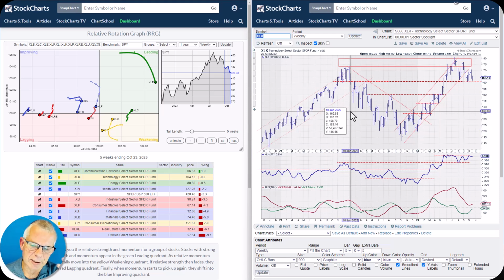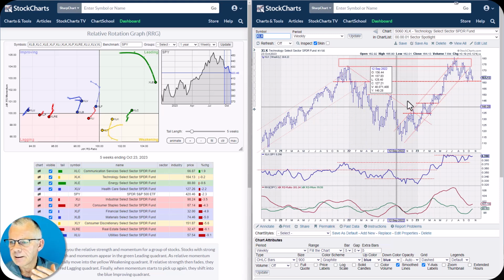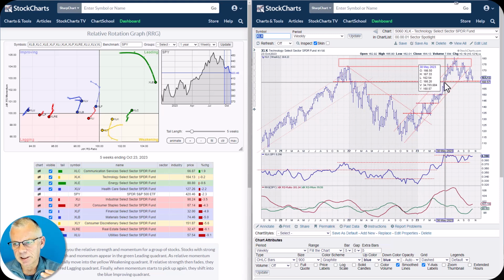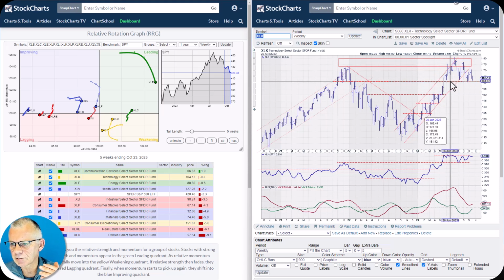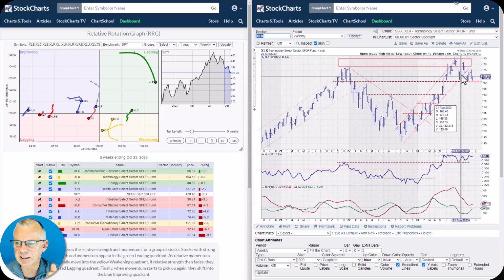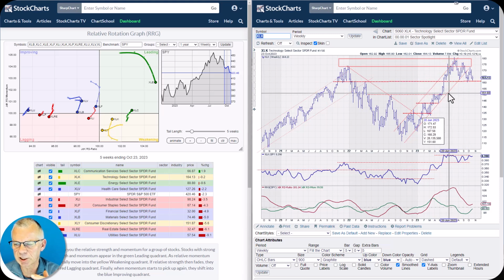Technology, obviously, probably the most important sector in the universe here for the S&P 500. If we look at the chart, we see lows coming in around 161. So this is a strong support level. 161, strong support for XLK. What is not good is, first of all, the fact that we broke out of this rising channel.